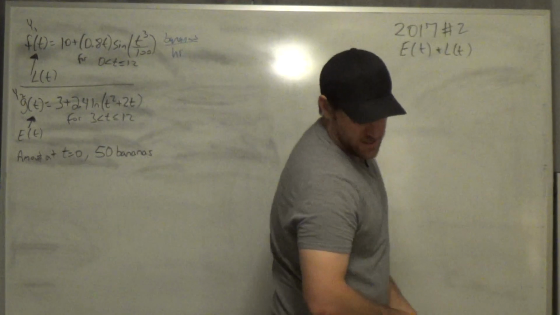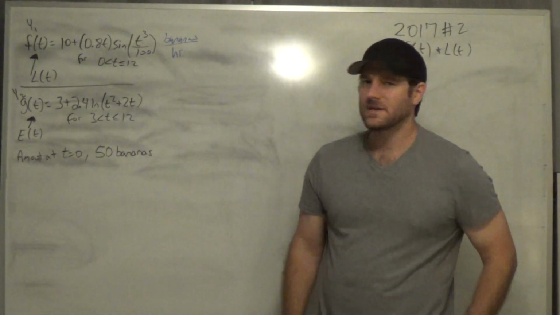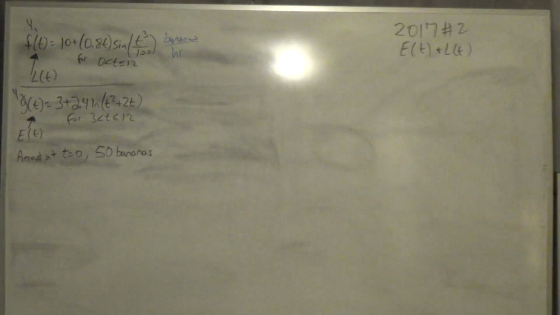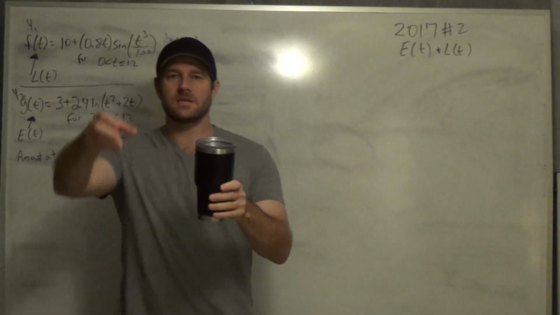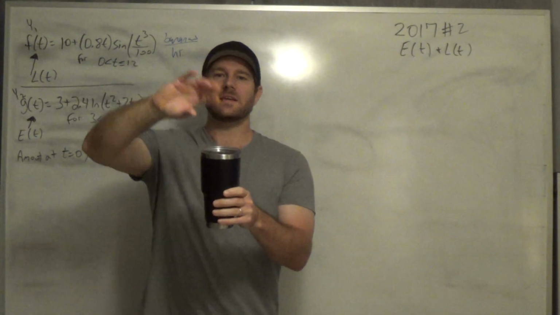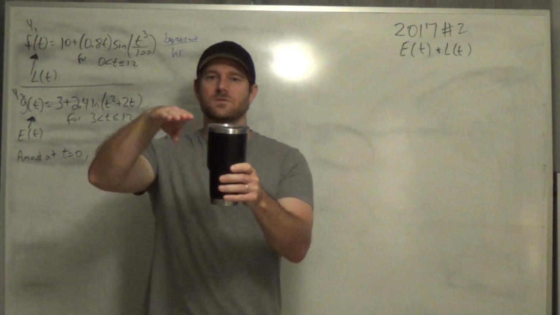Part C says, is the number of bananas on the display case increasing or decreasing at time equals 7? All right. Remember, we got E of t and L of t. E of t is the rate things are being poured in. L of t is the rate things are going out. So if E of t is bigger than L of t, if you're pouring things faster than they can leak out, the amount goes up.